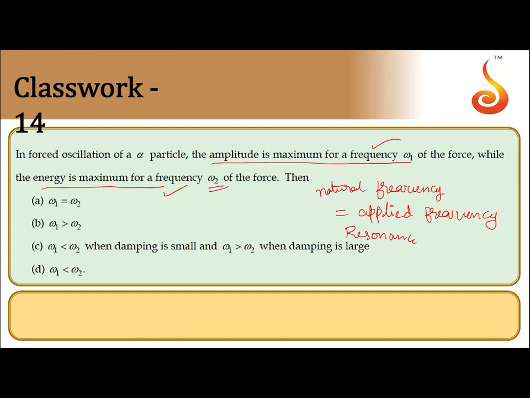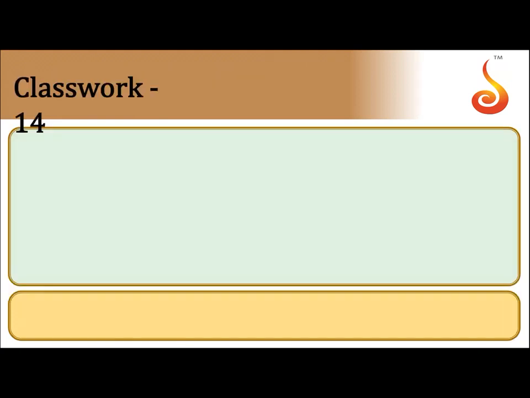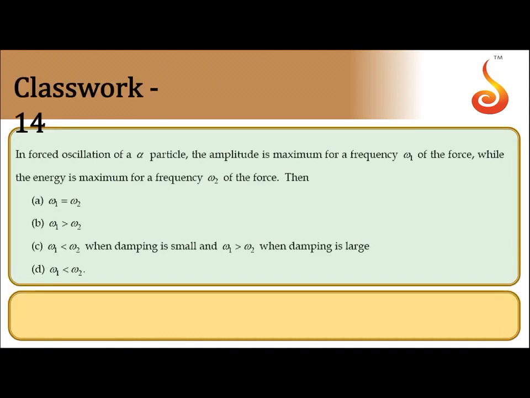So this and this should have same frequency, so it should be option A. So omega 1 should be equal to omega 2. This is a resonance condition. So these are some of the questions based on oscillations.